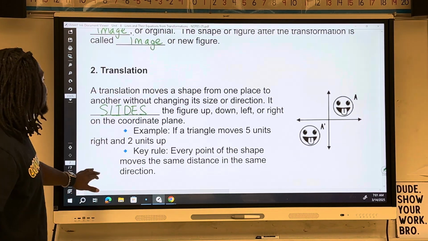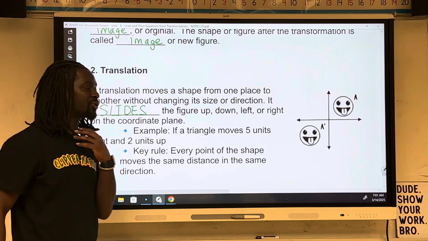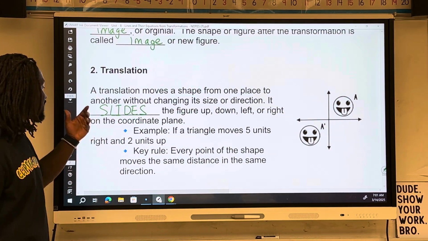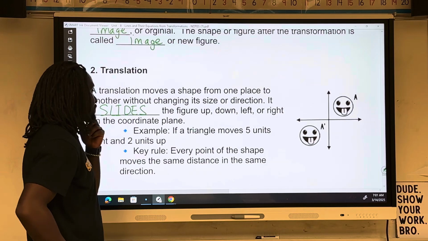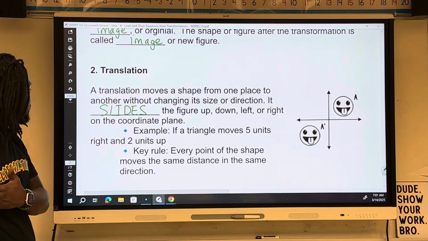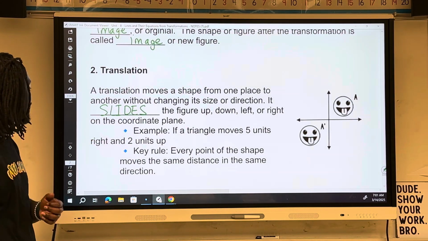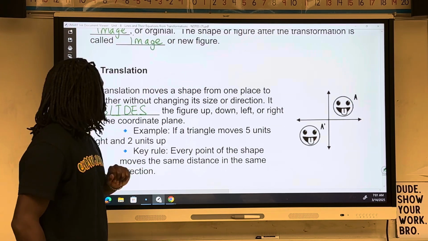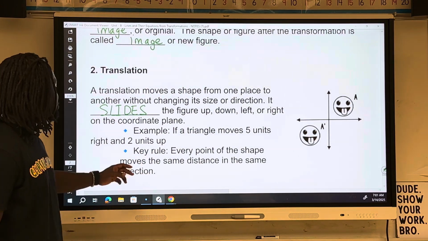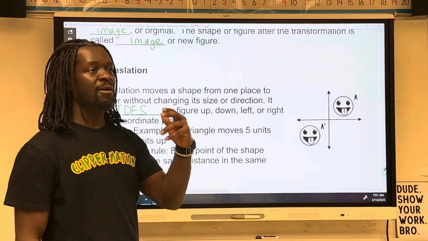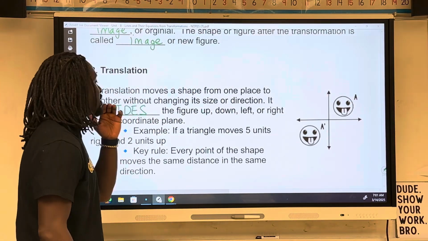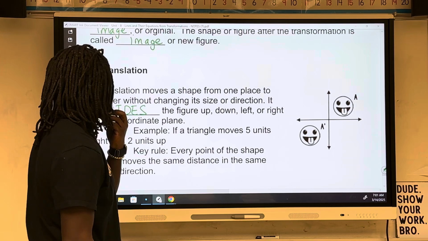All right? Again, an example of a translation would be if it moves 5 units to the right, or if it moves 2 units up, right? That's a translation. It slides or it moves, okay? The key rule: every point of the shape moves the same distance, in order for a translation to occur.